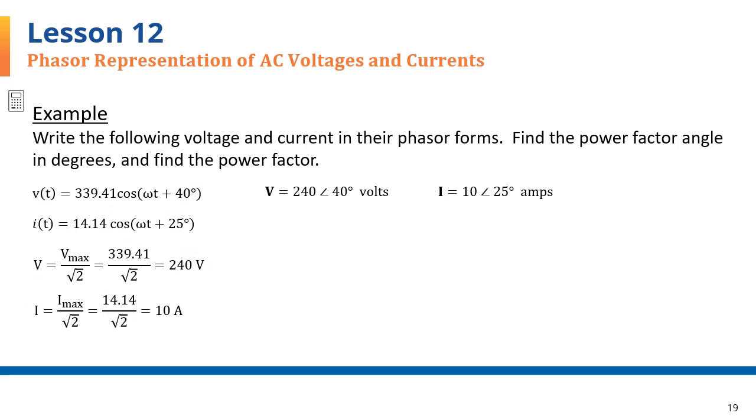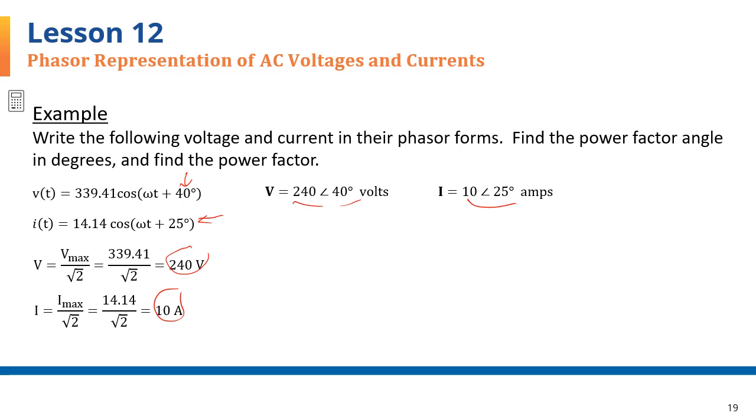So the magnitude angle form of the phasor is known by having the effective values and the phase angles, and it's written here for voltage, 240 with 40 degrees angle and 10 amps with 25 degrees angle.